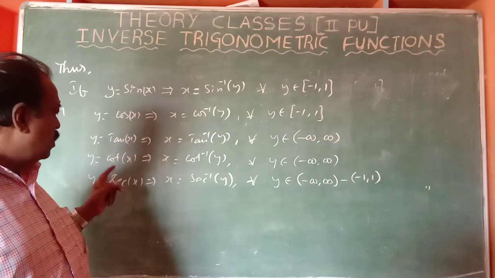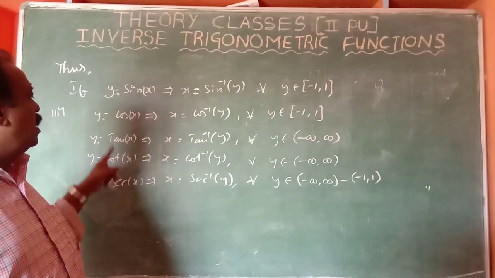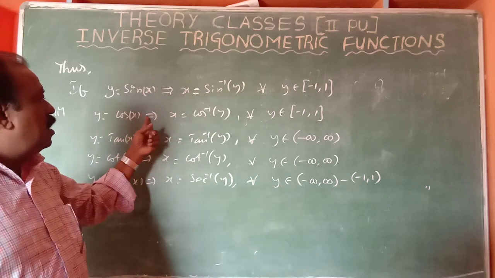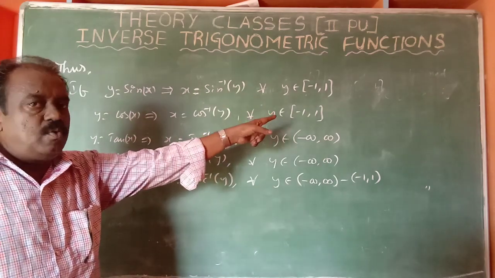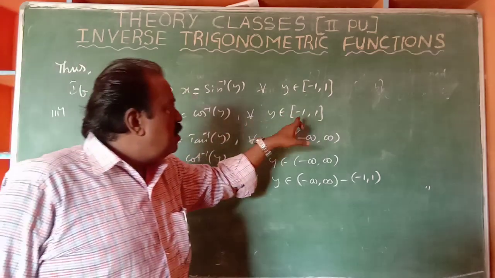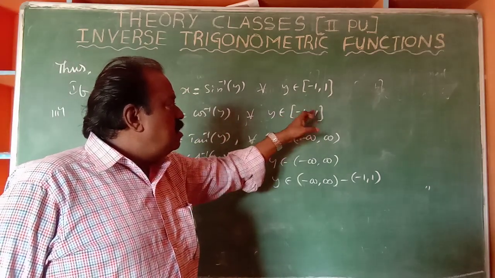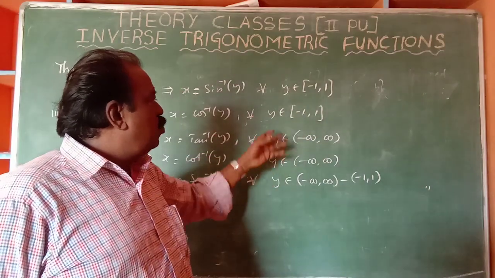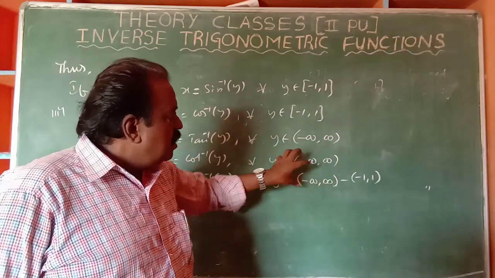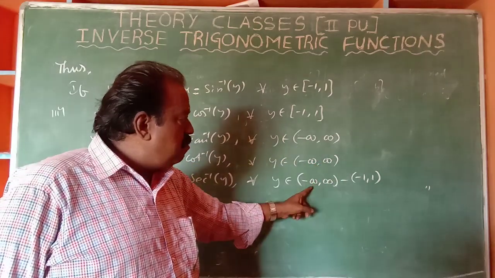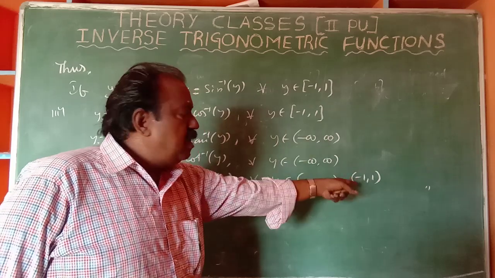You see, we know secant is the reciprocal of cos. The cos domain is minus 1 to 1. Its reciprocal, that means secant, will not be in this interval minus 1 comma 1. That is why it is written as R minus, this is R, set of real numbers, minus that interval.